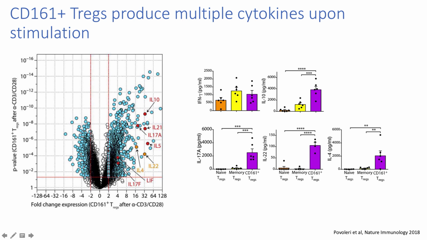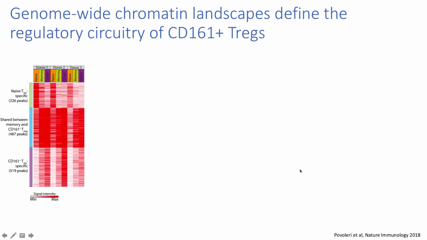And indeed, this wasn't limited to analysis of gene expression; at the protein level, you can see that they produce highly significant, higher amounts of protein, both suppressor-like IL-10 and IL-4, but also pro-inflammatory IL-17 and IL-22.